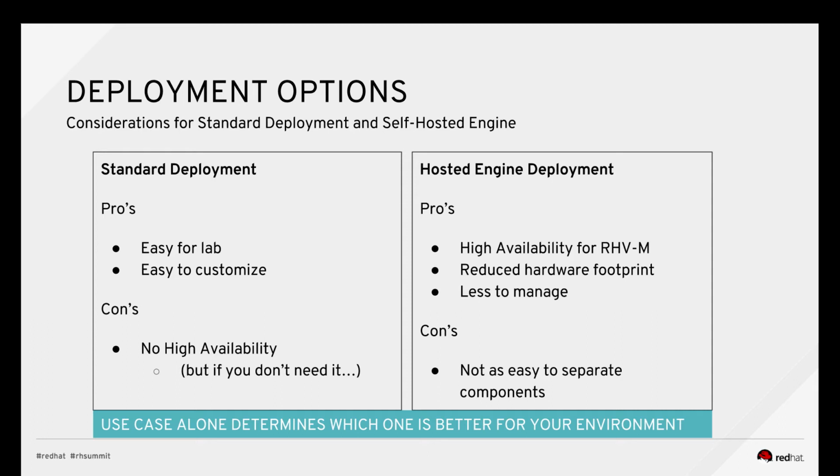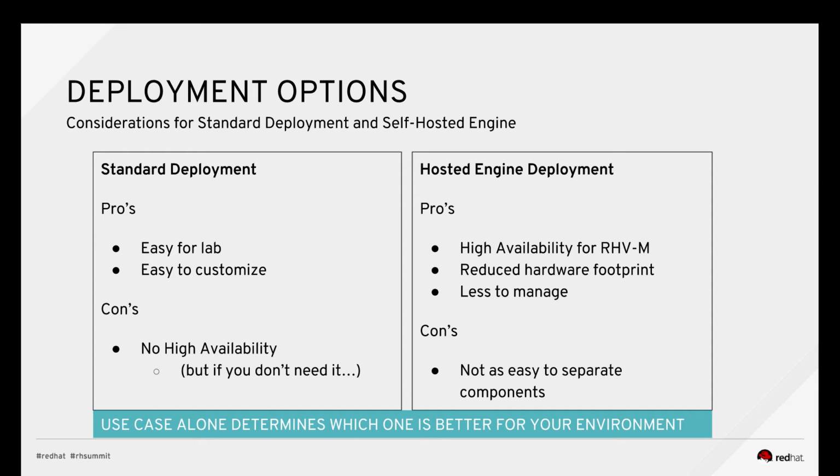For example, a standard deployment is very good for a lab environment. It's very easy to customize in that if you have a requirement for customizing how RHV-M is actually laid out in terms of file systems, customizing how the different subsystems are put together, if you need to break out the web proxy from the database and things like that, then the standard deployment is much better suited for that.